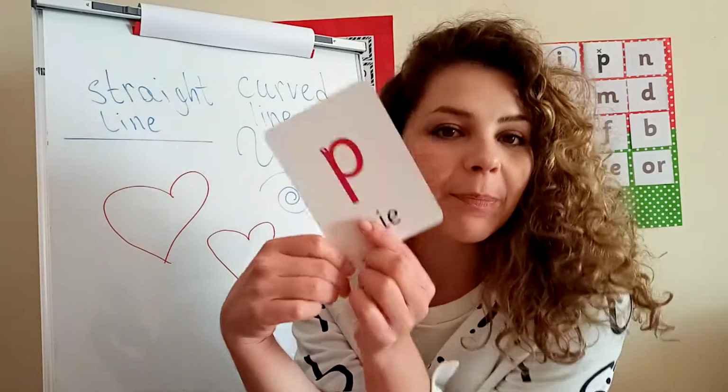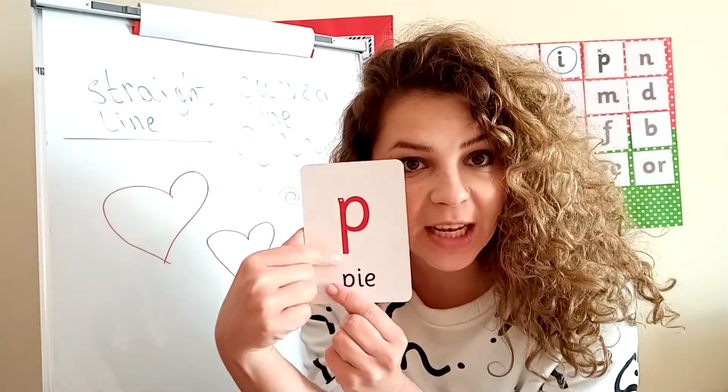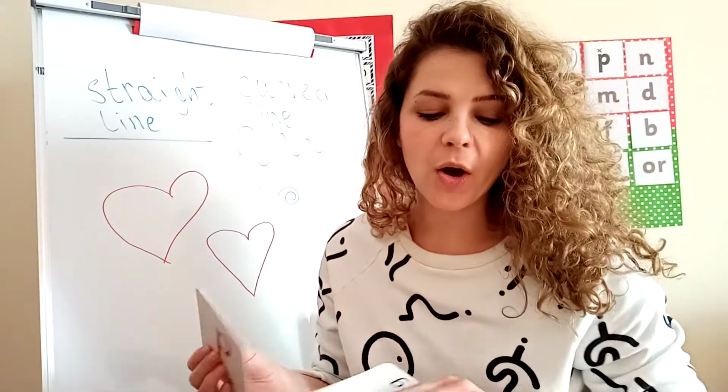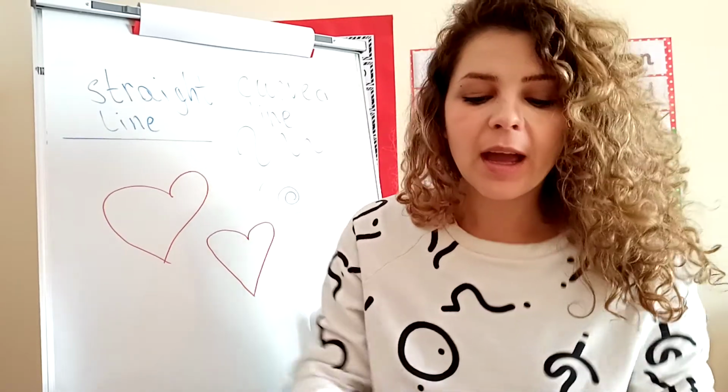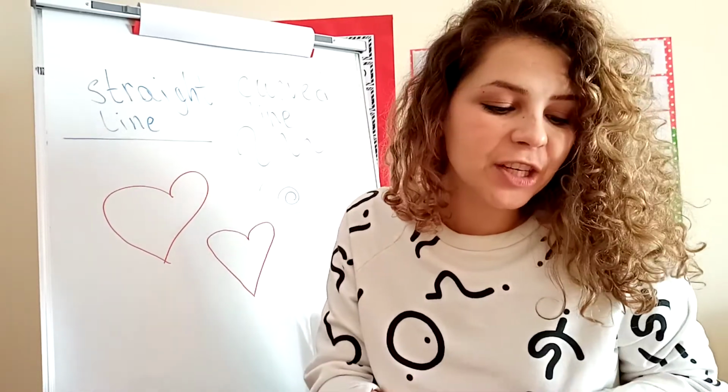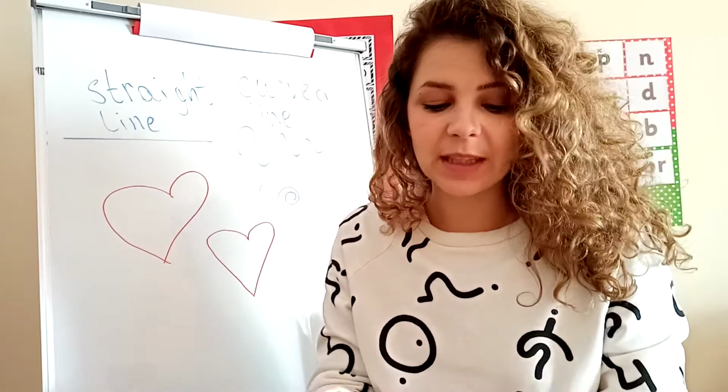Well, here I have P. Again, a combination of a straight line and a curved line. And many more. Our alphabet has a lot of letters and even more sounds.